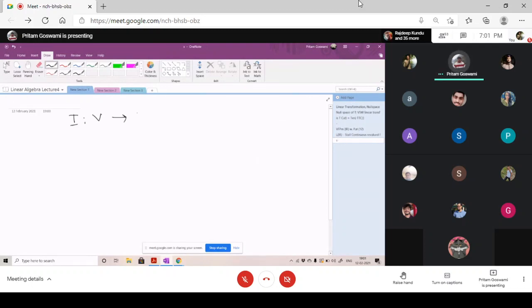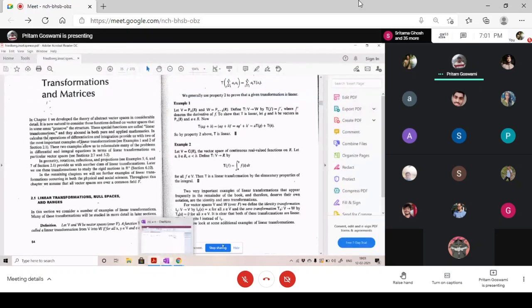I define I, a linear transformation from V to V, such that I is basically the identity function. I of x equals x. You can check it. It's a linear transformation always. This is called the identity transformation.